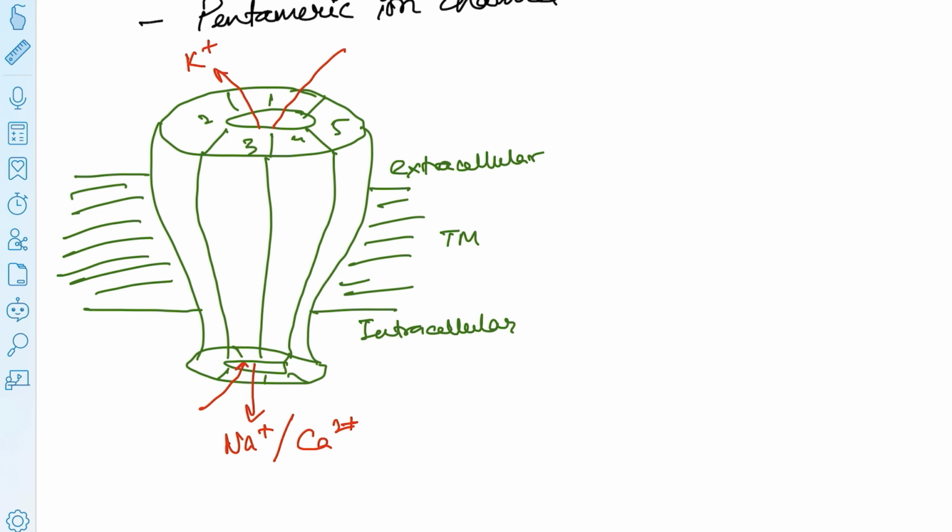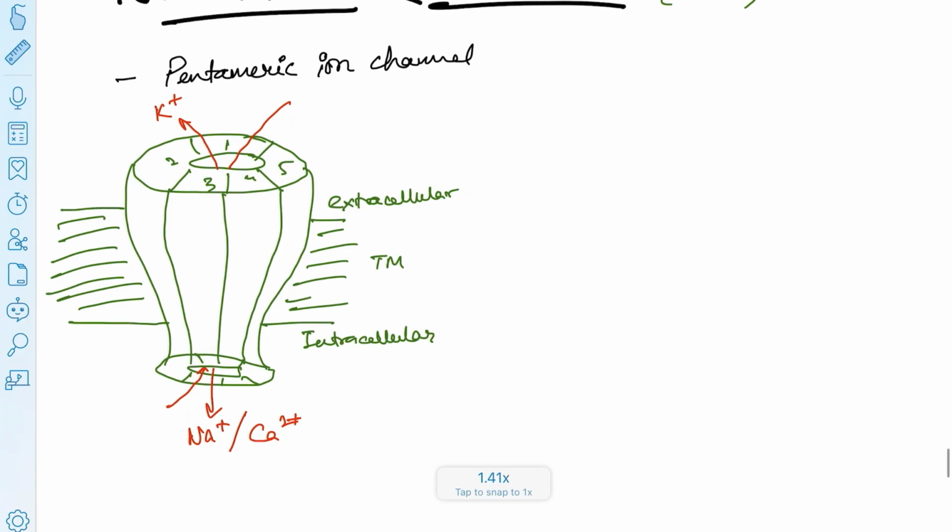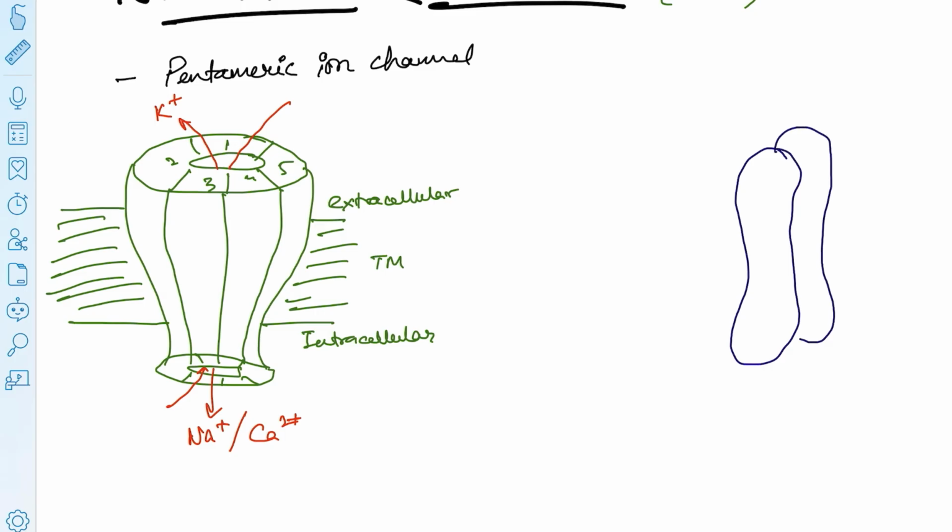If I have to draw the structure of this nicotinic receptor in a bit more detail, I can draw it like this. As I told you, it is a pentameric structure. Suppose this is one subunit, this is another one, this is the third one, and at the back we have two more subunits present.